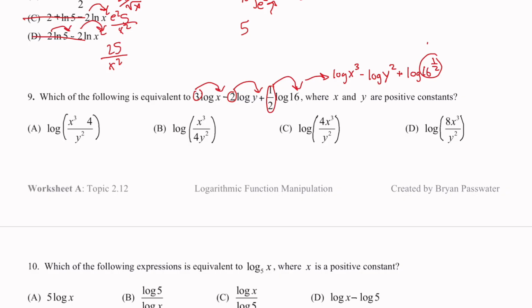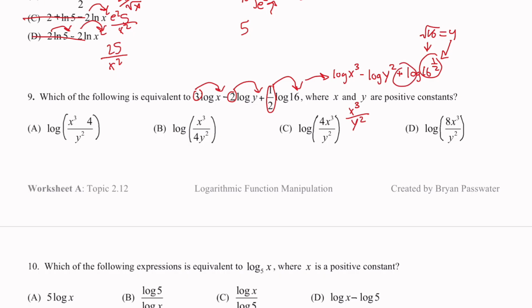So this right here is the same thing as square root of 16, which gives us 4. I'm just going to keep that and know that this is 4 when we are multiplying or dividing. So we have minus here, so that's division. So I'm going to write it down here: x cubed divided by y squared.